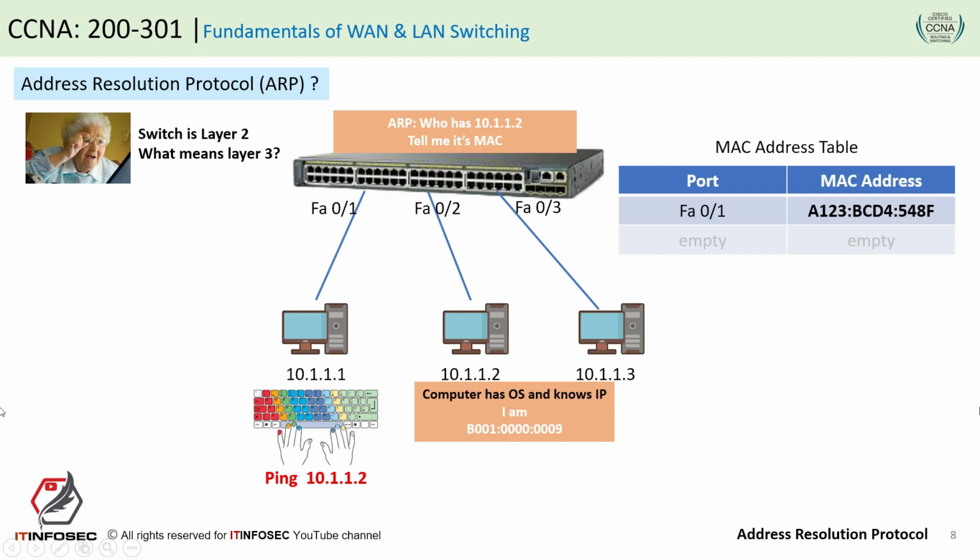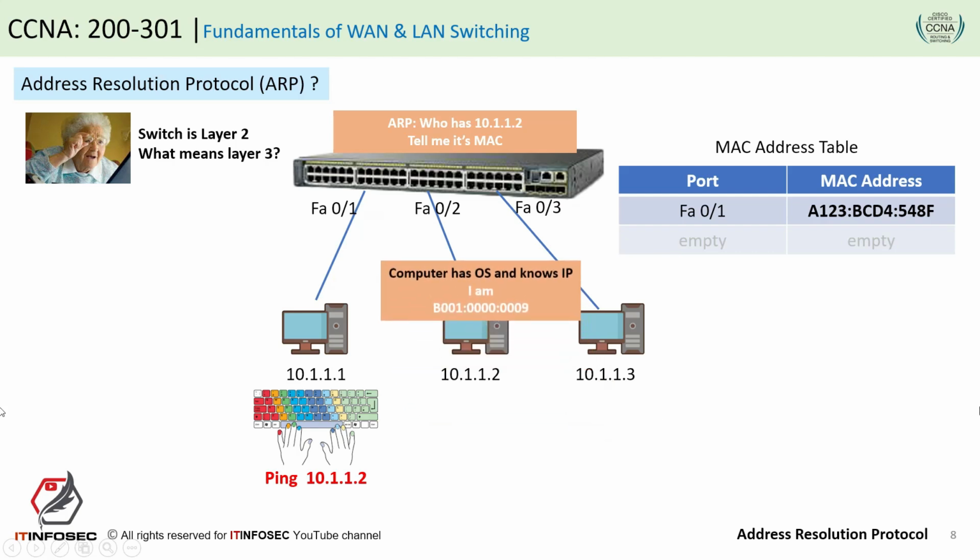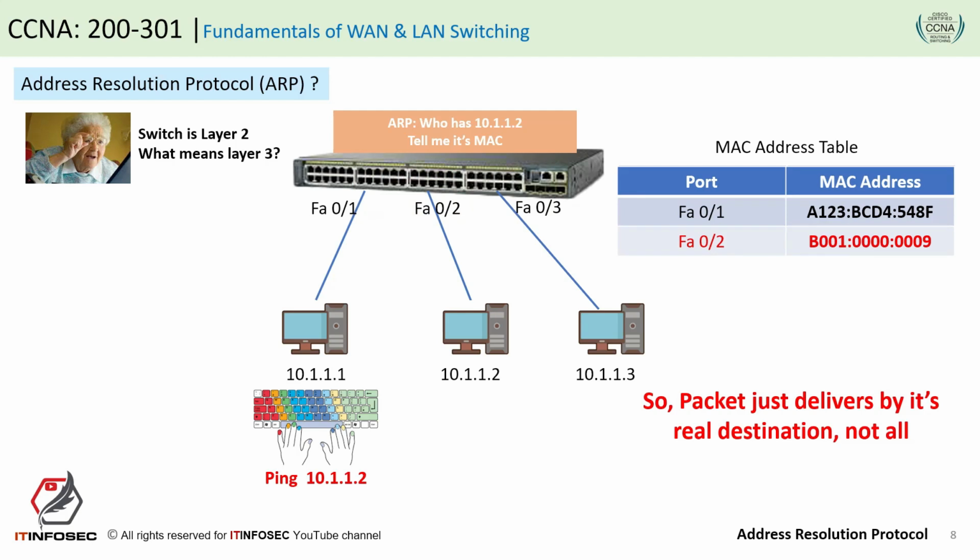So my MAC address is here. It sends that to the switch, and the switch places it in the MAC address table, defines its port, and knows that the packet was received from FastEthernet 0/2 with this MAC address.